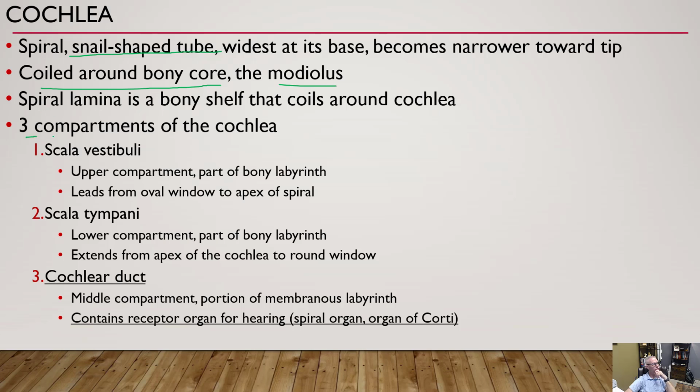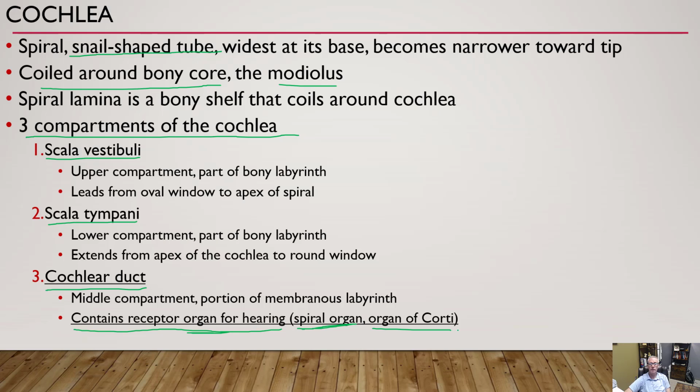And there are three compartments to the cochlea: the scala vestibuli, the scala tympani, and the cochlear duct. Now we're really only going to talk about this cochlear duct. So even though I said that the cochlea is our hearing organ, the receptor organ for hearing is called the spiral organ, or the organ of Corti.